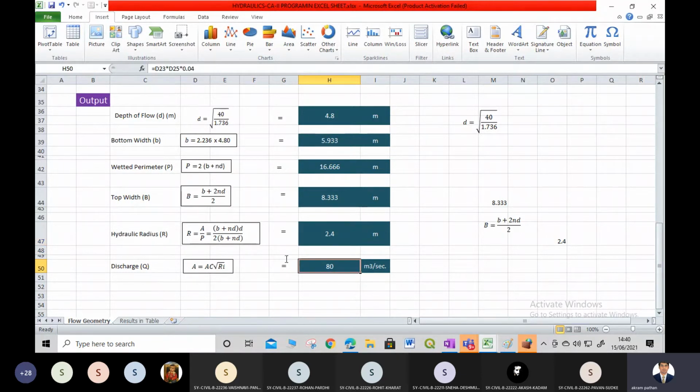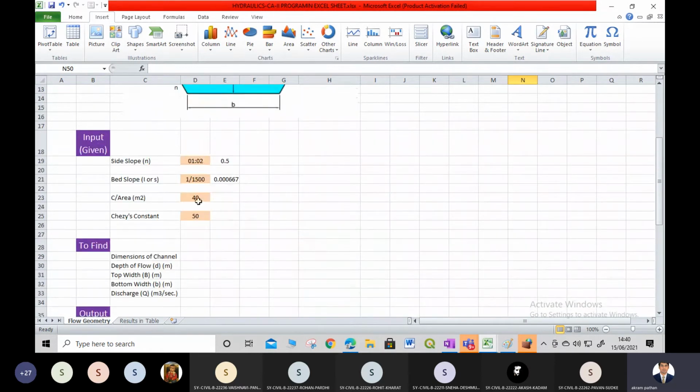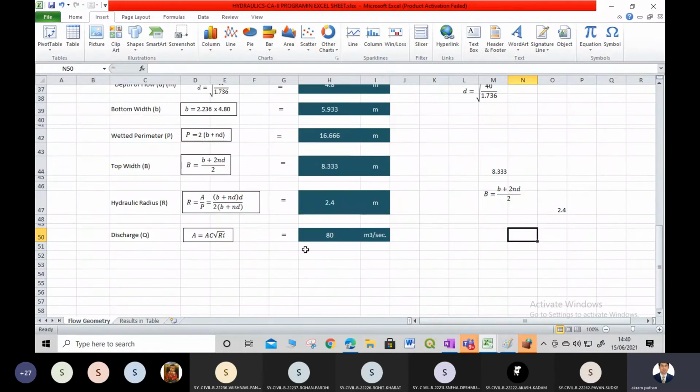Then discharge. So A into C under root Ri. Similarly area is given, Chezy's constant is given, calculate under root Ri, you will get Ri 0.04.